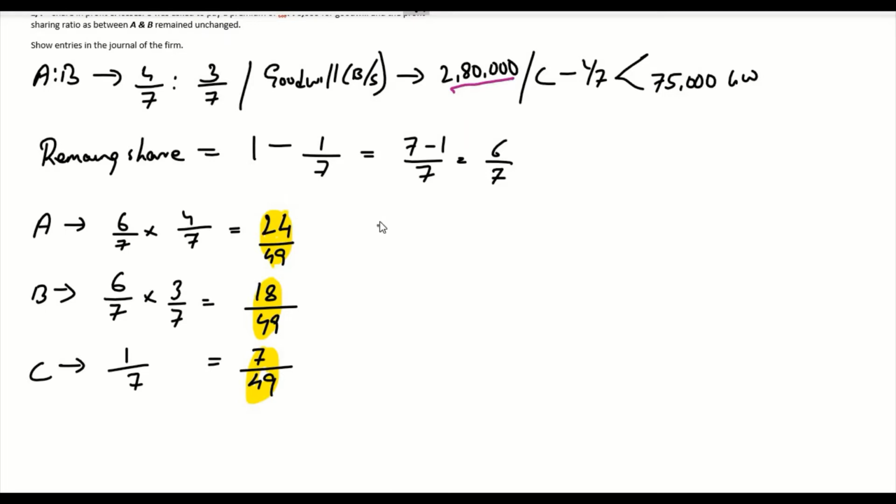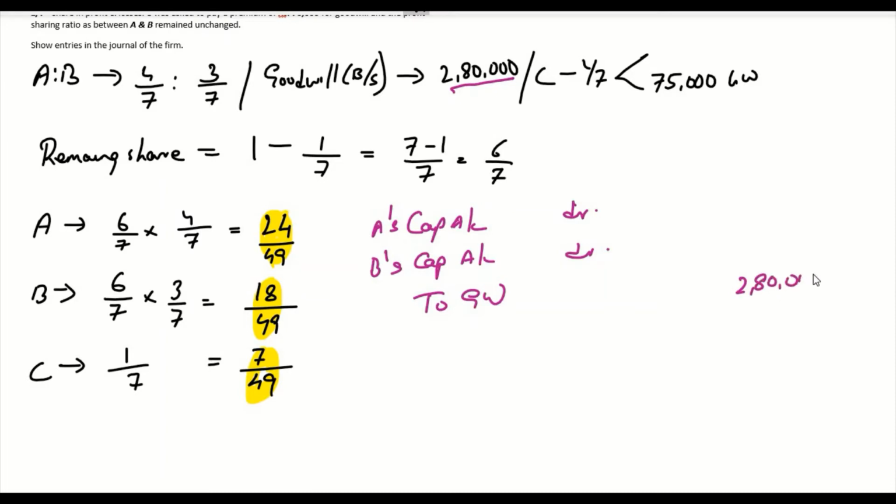So A's capital account debit, B's capital account debit, to goodwill. Goodwill is appearing as 2,80,000. If you divide in the existing profit sharing ratio, which is 4:3, it is going to be 1,60,000 and 1,20,000.